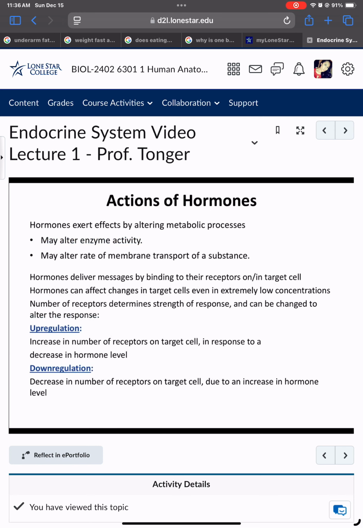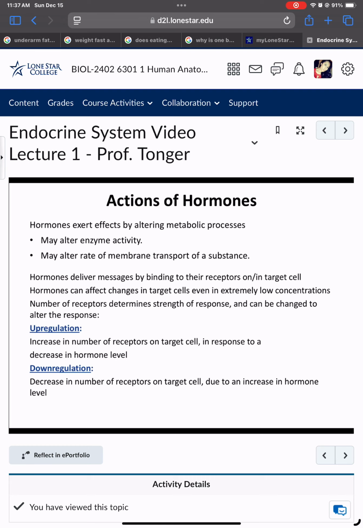Now, depending on whether a hormone is steroid or non-steroid, the action of the hormone might differ. But in general, hormones play a very important role by altering metabolic processes. They may alter the enzymatic activity inside the cell, or they may alter the rate of membrane transport of a substance.